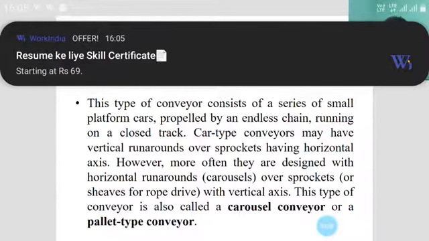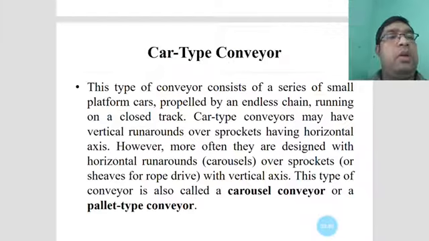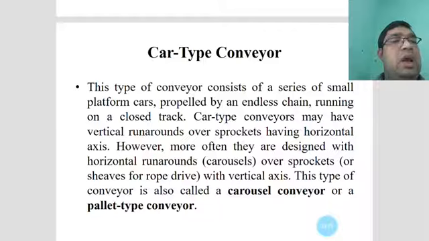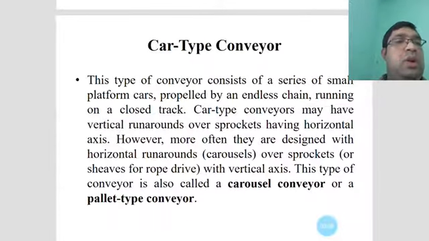The car type conveyor may have vertical round-arounds over the sprockets having a horizontal axis. However, more often they are designed with a horizontal round-around, with the cars running over sprockets or sheaves for rope drives, with a vertical axis.